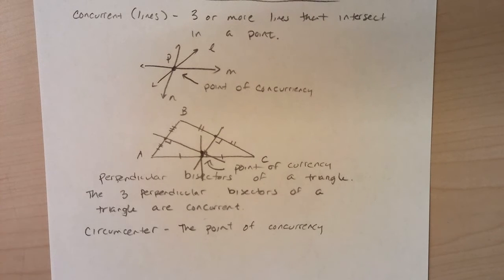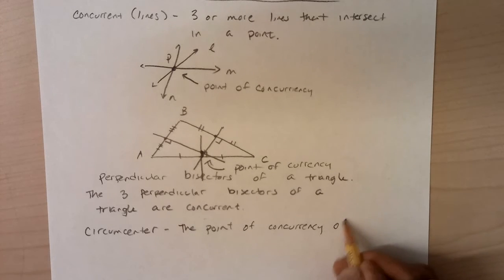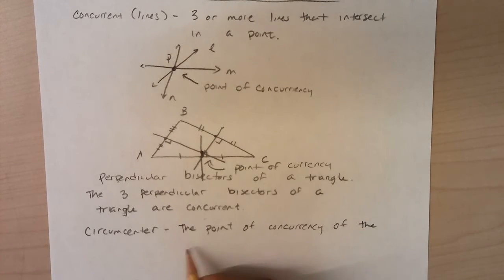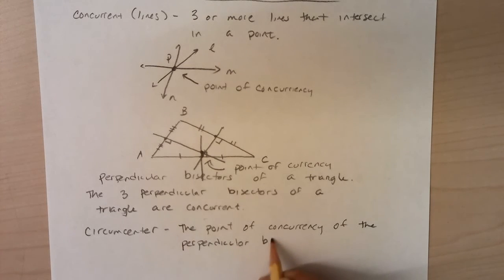As you'll see, once we start talking about other points of concurrency for triangles made up of other segments, all of them have specific names. So one of the names is the circumcenter, the point of concurrency of the perpendicular bisectors. It's really implied, or you should know, that there would be three of a triangle.